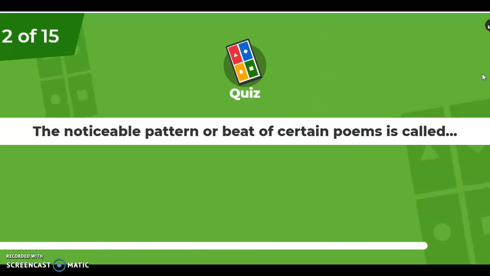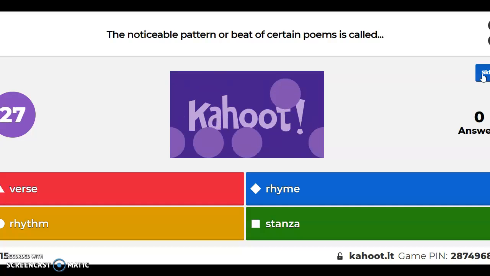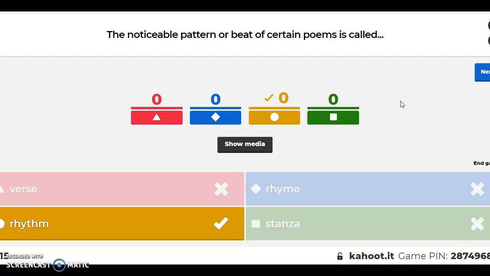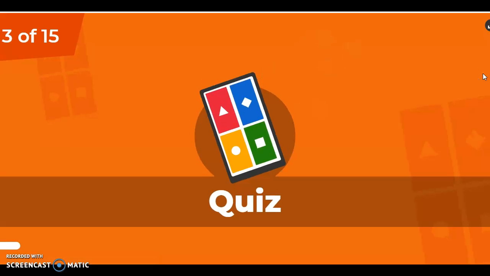Question 2. The noticeable pattern or beat of certain poems is called rhyme, rhythm, stanza. Rhythm. 3.